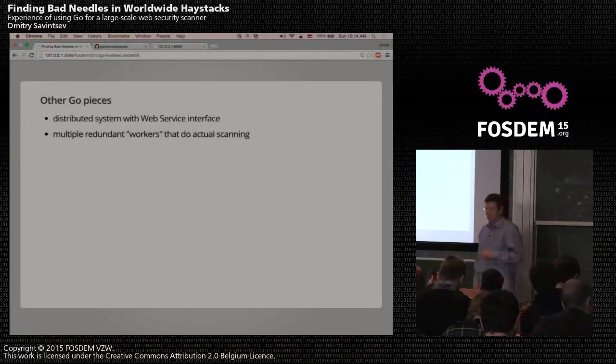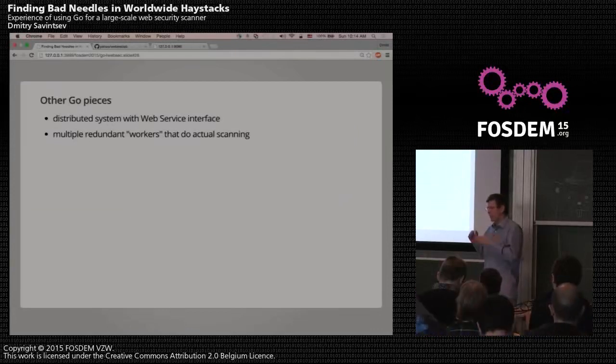For the scanner system, we also had a distributed system with a web services interface and multiple redundant workers that actually do the scanning. There's a web server that provides the web service front end, takes a request, and then multiplexes it to one of the workers.